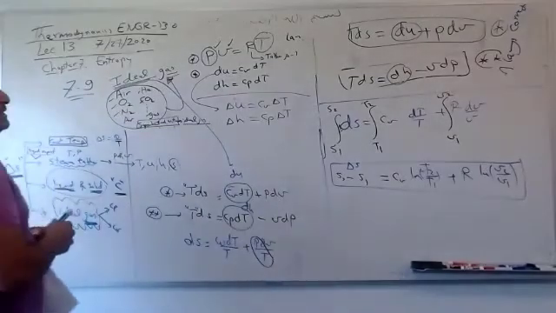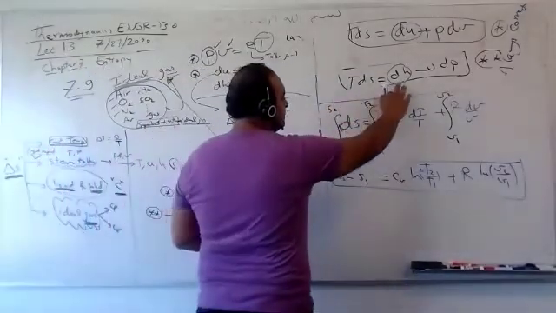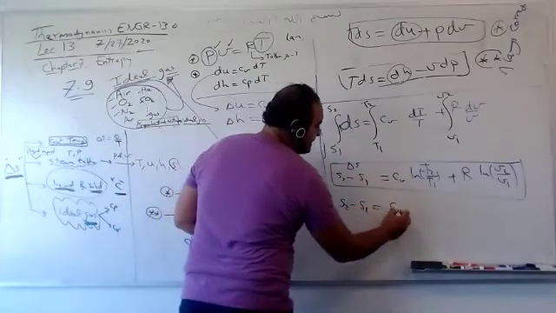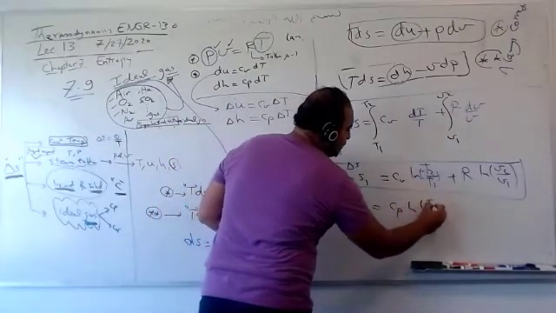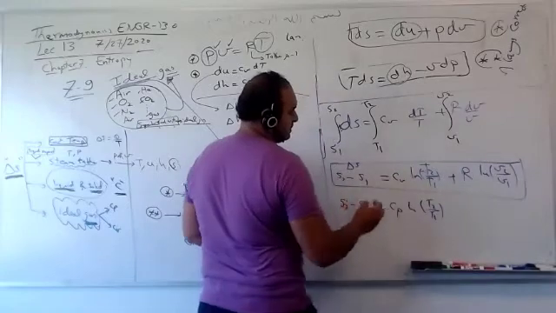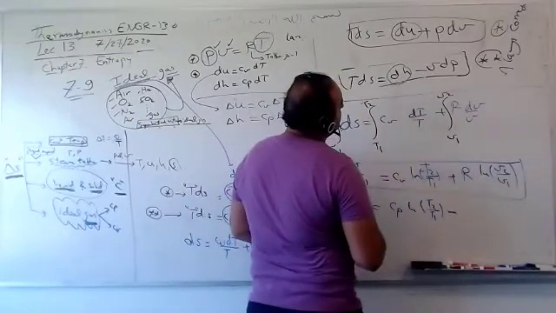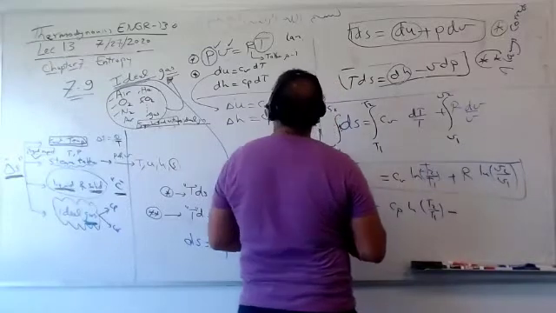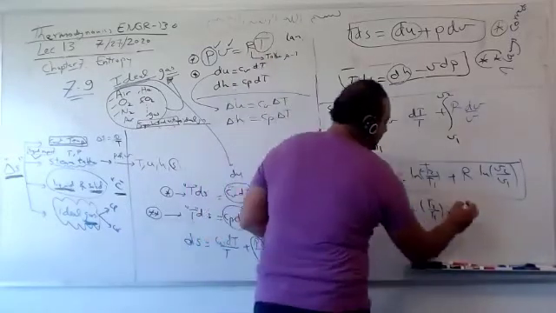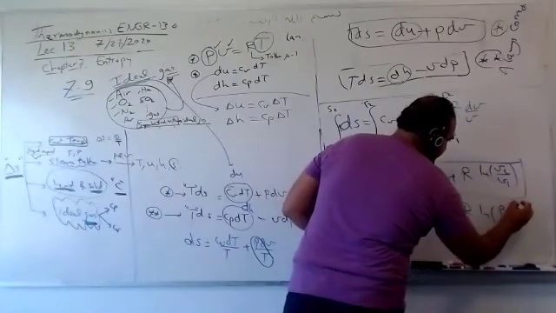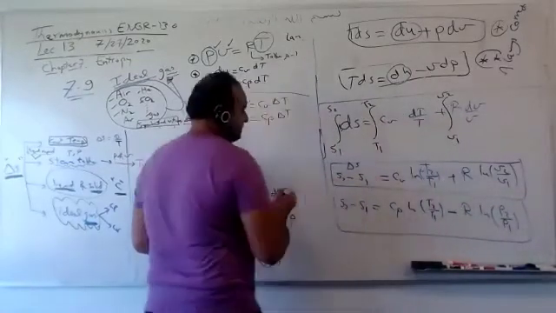How about if you use the other equation? Repeat it yourself, you will find S2 minus S1 equals Cp ln T2 over T1 minus, since V over T is R over P, R ln P2 over P1. The similar equation.